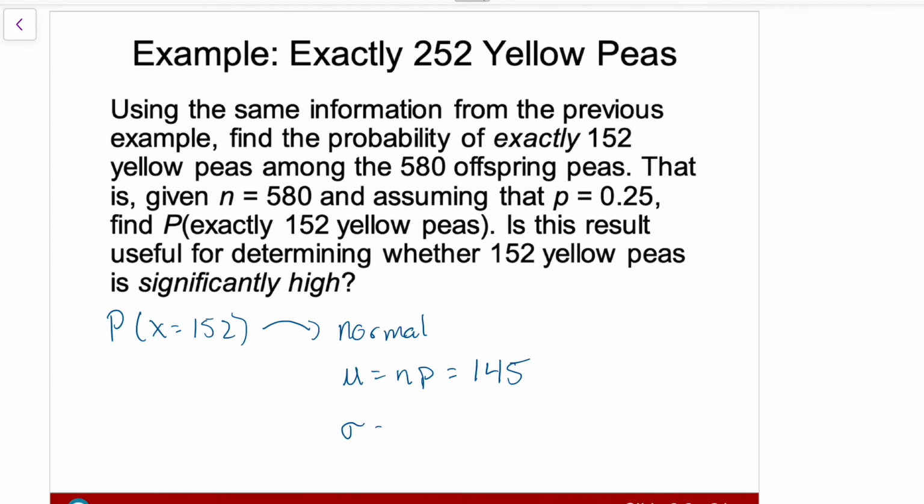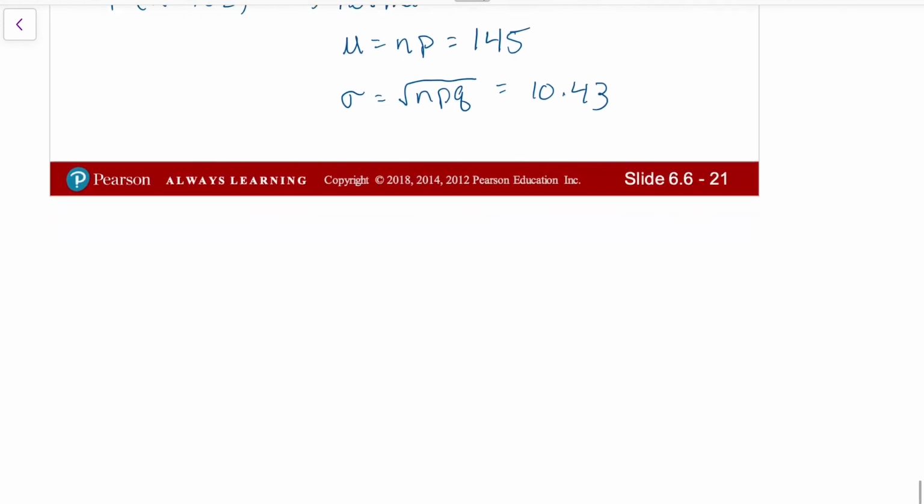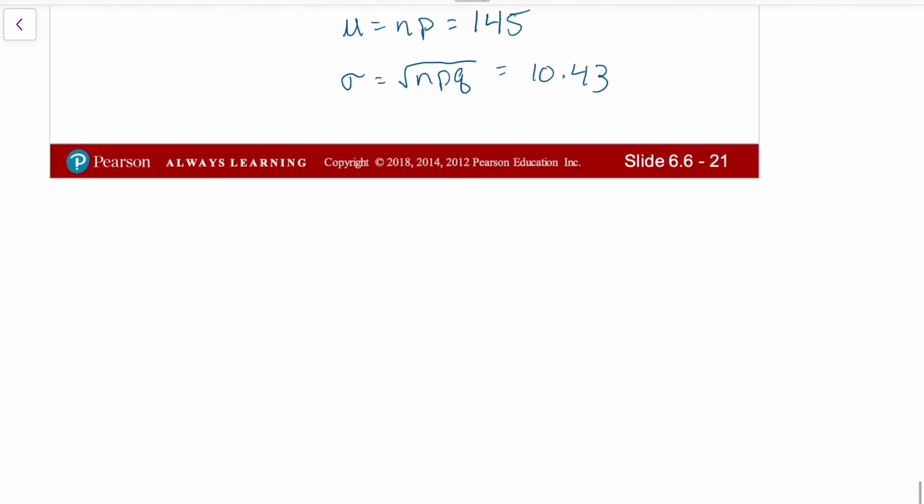And I need my standard deviation, again, which is the square root of npq, which we've computed before. That's 10.43. And again, that value of x equals 152 is going to convert to the interval of 151.5 to 152.5.